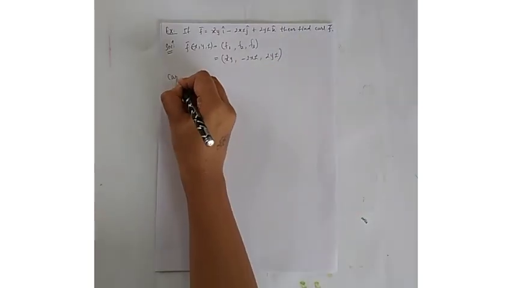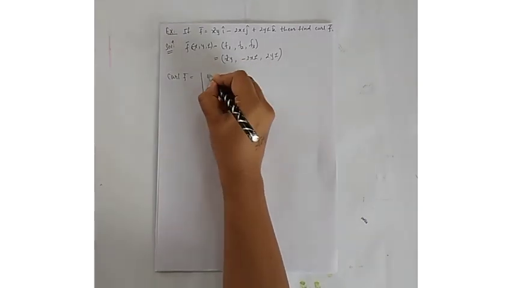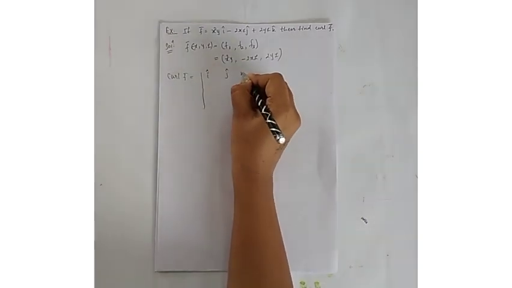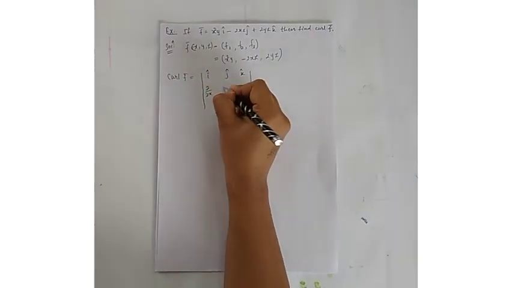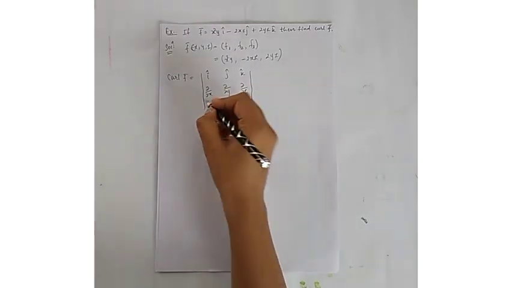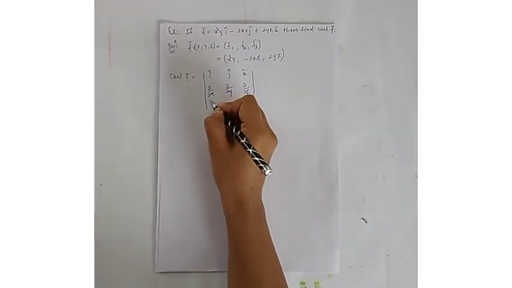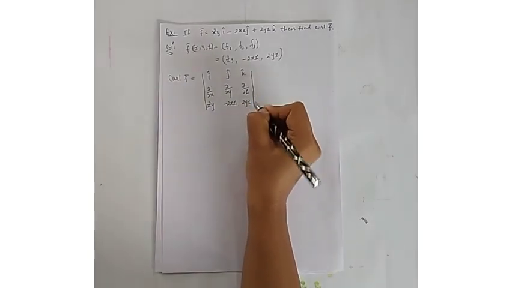So curl f̄ is equal to the determinant with first row i, j, k, second row ∂/∂x, ∂/∂y, ∂/∂z, and third row f1, f2, f3, where f1 is x²y, f2 is −2xz, and f3 is 2yz.